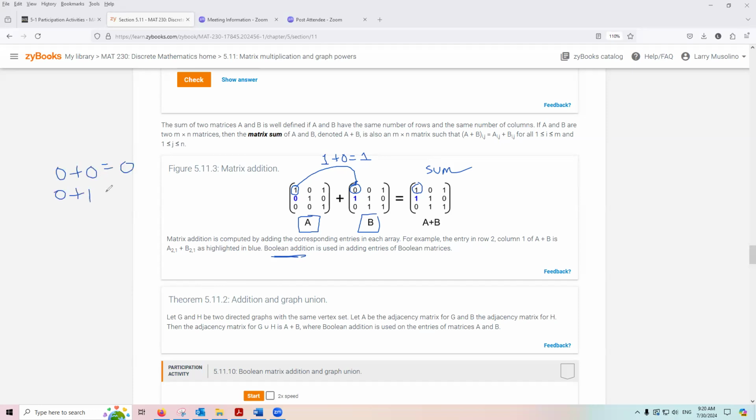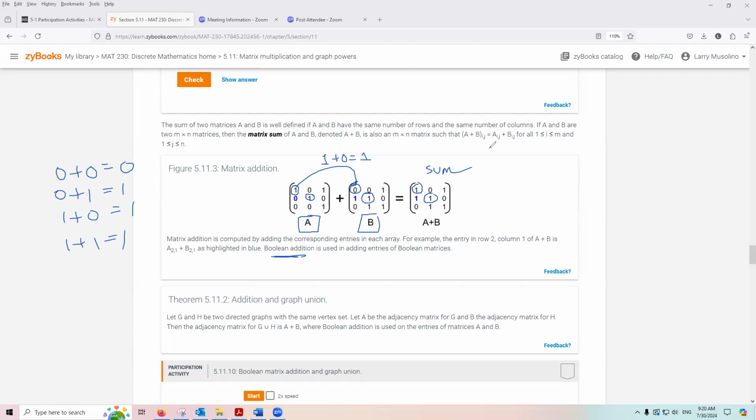A 0 plus a 1 is a 1. A 1 plus a 0 is a 1. And a 1 plus a 1 stays 1. That's a little confusing. So notice right here is a 1 being added to its corresponding 1. It stays 1. So all you have to do to add matrices together is add the corresponding entries.